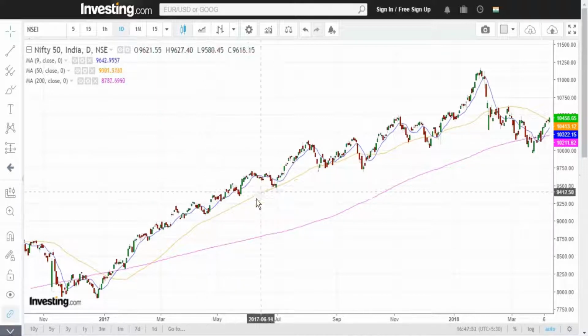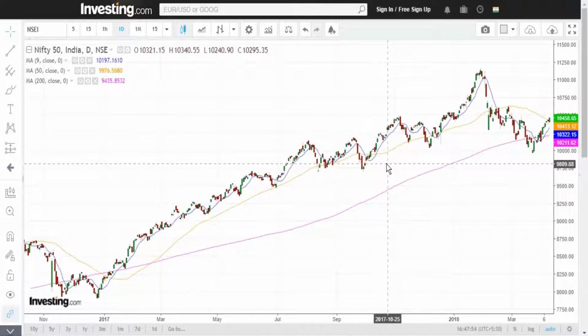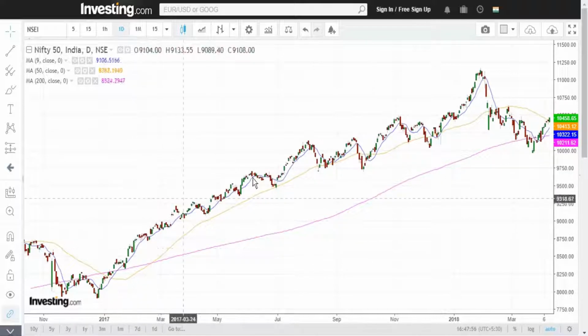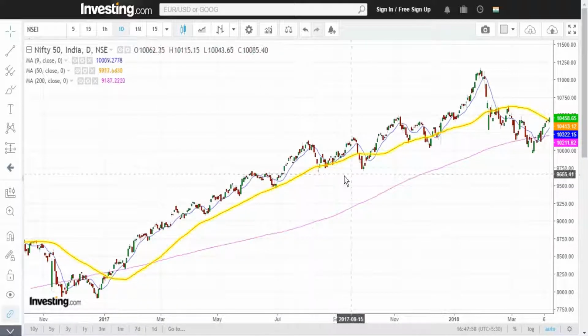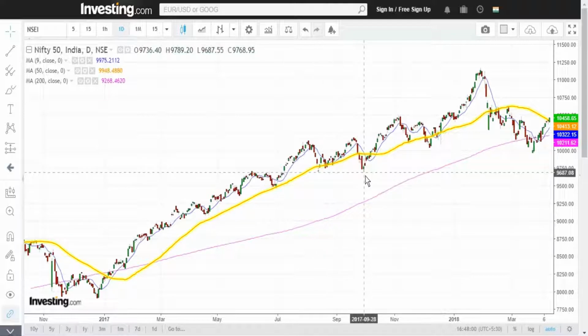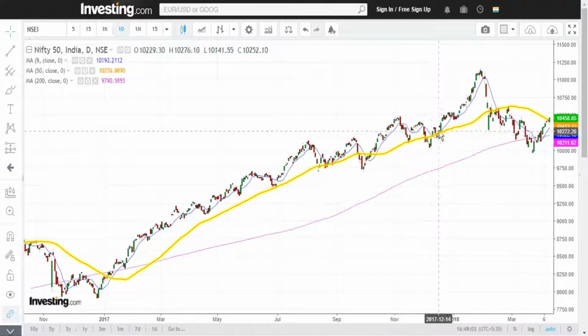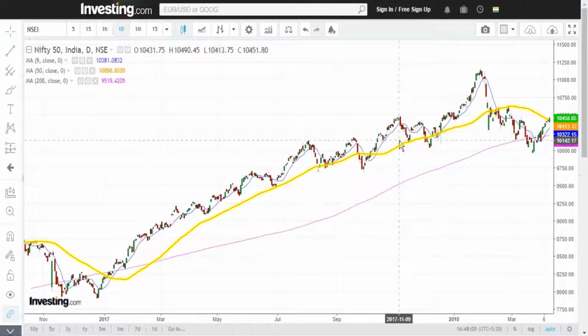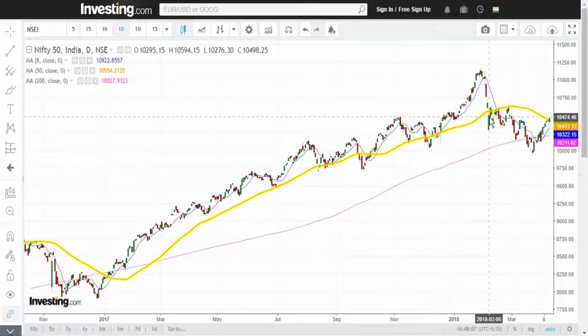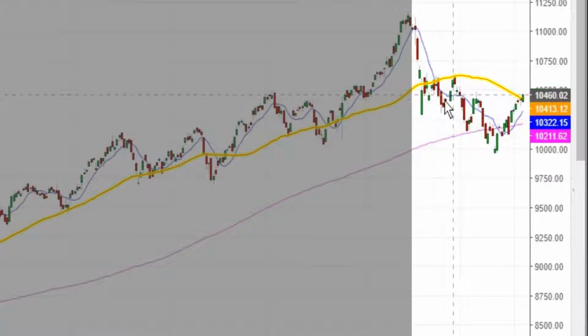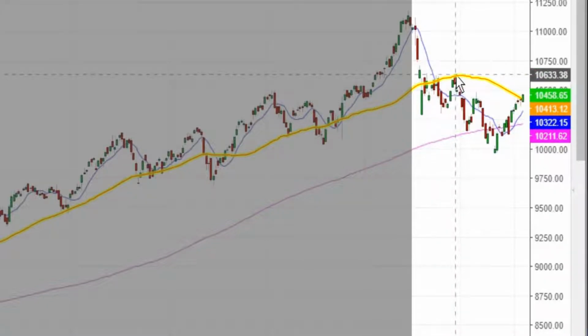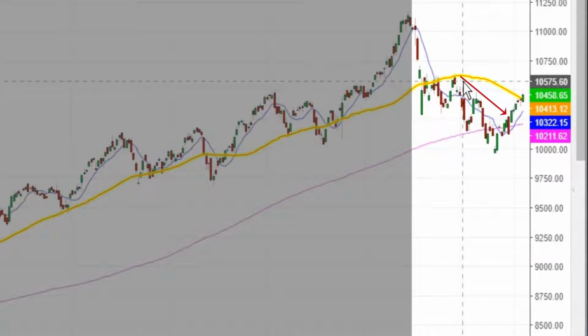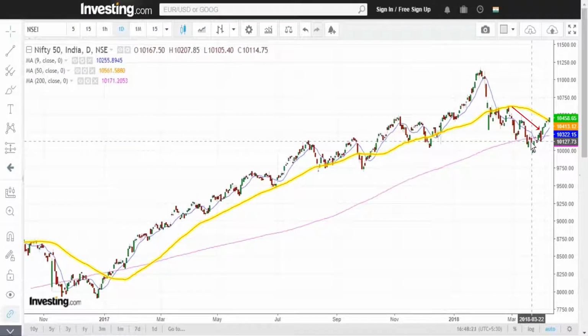Here you can see the 50-day moving average was held in Nifty for quite some time. There were minor breaches, but eventually the price was moving higher. Once it was broken for a certain number of days and the price was continuously closing below this 50-day moving average, the down move started and the price went quite a bit in the downward direction.